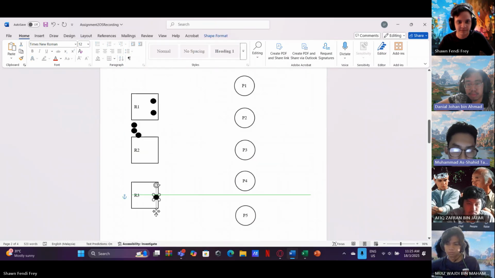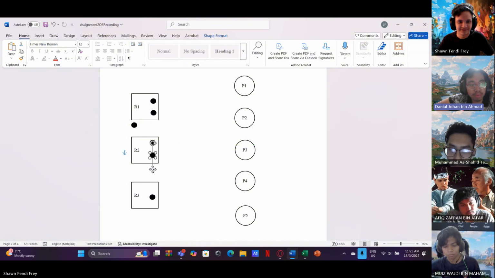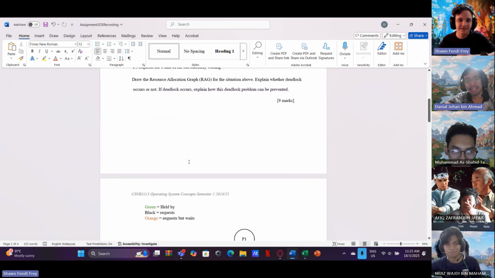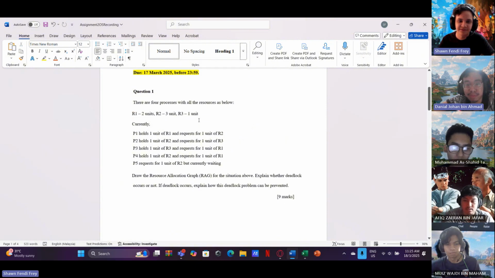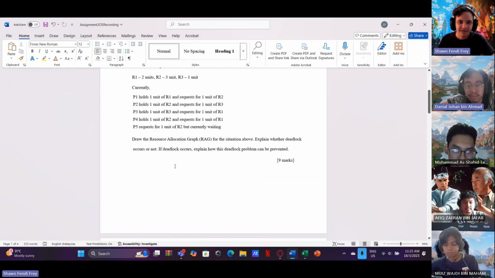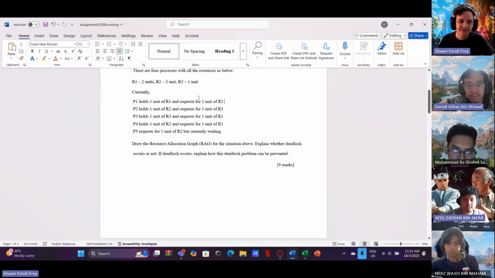But if the arrow goes directly to the resource, it means the process is requesting the resource. Okay, R1 has 2 units, R2 3 units, and R3 1 unit. Now we can proceed with the arrows.